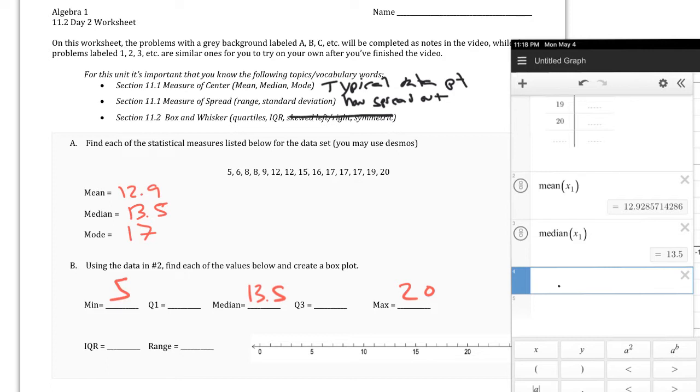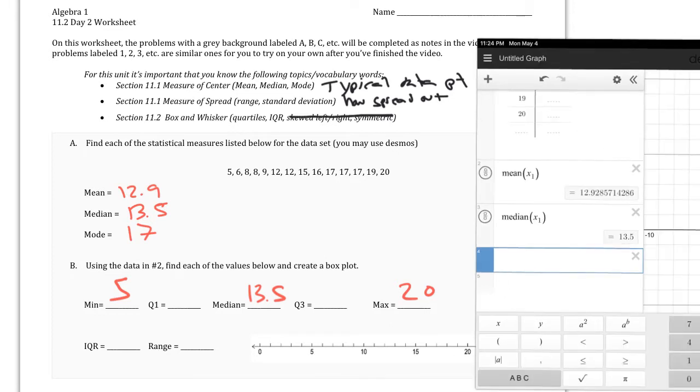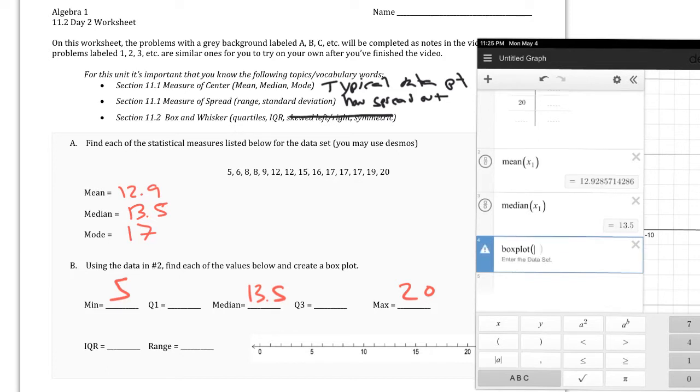So a couple things we can do, we can create a box plot in Desmos, or we could find the Q1 and Q3 right here by hand. Let's see what it would look like on Desmos. So you're going to go through and use the function distribution this time and get box plot, and then type in x1.